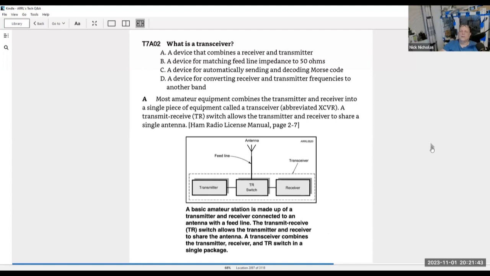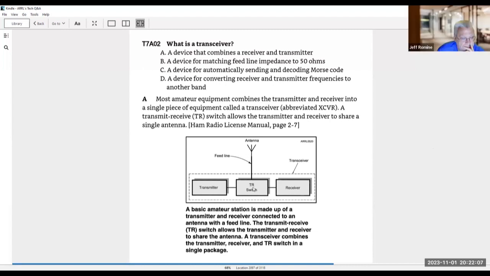What is a transceiver? Well, a transceiver is a device that combines a receiver and a transmitter. That's why it's transceiver. And the drawing below, this basic station, is how all radio stations used to be. You used to have a transmitter, a receiver, and a transmit-receive switch.